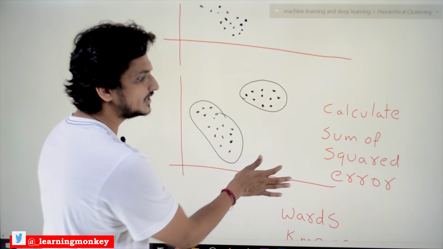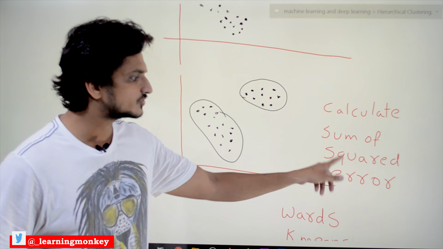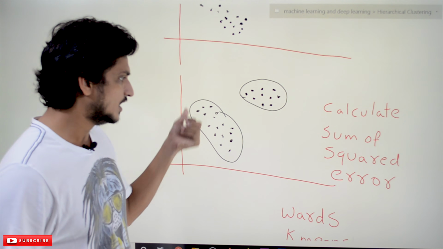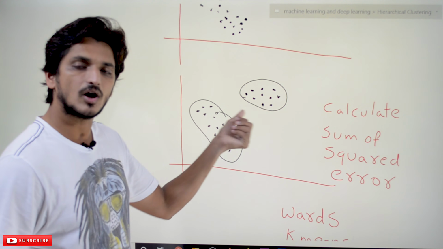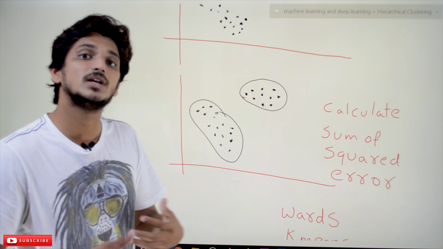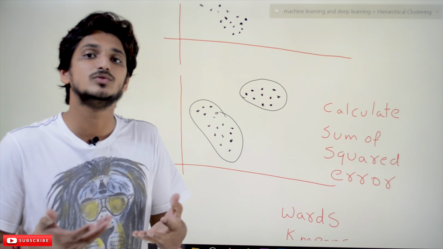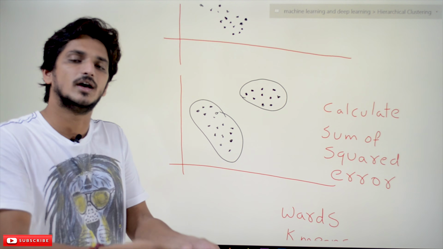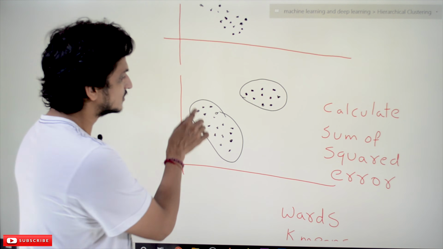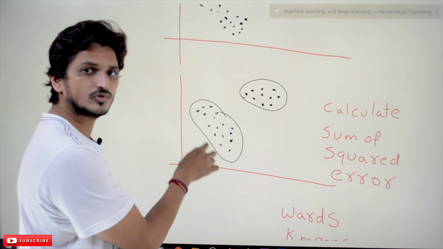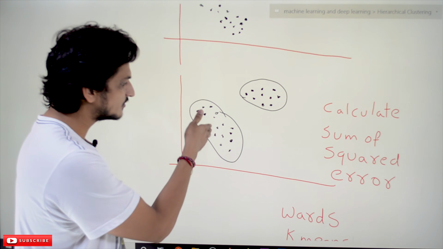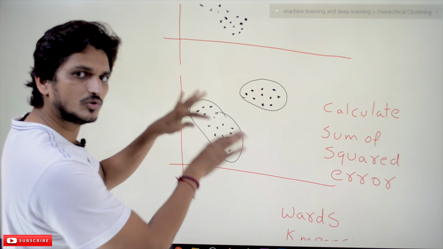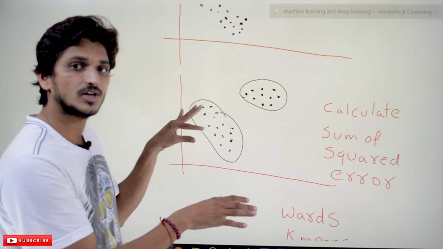For that, they calculate the sum of squared error between all the data points in each cluster, and the cluster having the highest value is considered for division in the next iteration. So this cluster has the highest sum of squared error value, so it will be considered for the next division. This cluster is divided into two parts in our next iteration.